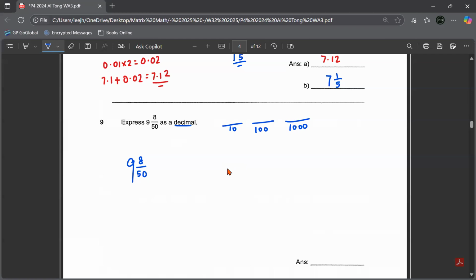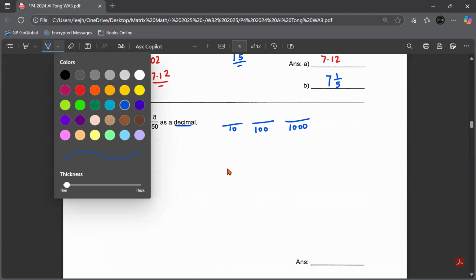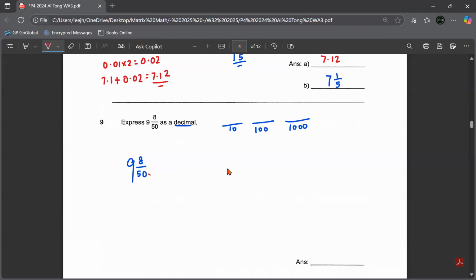So if you look at this, the denominator is 50. 50 you cannot change to 10. So you need to change it to 100. How do you change the denominator of 50 to 100? You times 2. So remember to multiply by 2 for the numerator as well. So this will become 9 wholes 16 over 100.